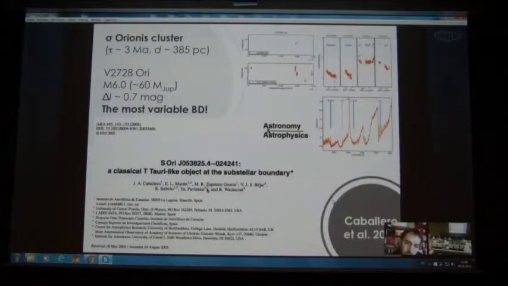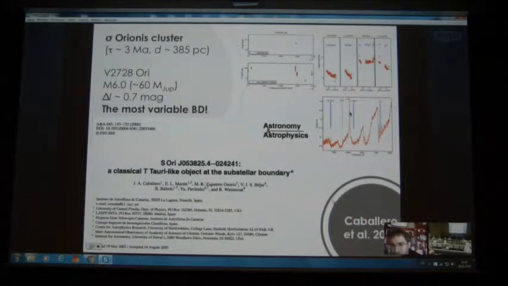The most variable brown dwarf in the survey before was the subject of a more dedicated work using Keck, the Nordic Optical Telescope, and two relatively small optical telescopes for photometric monitoring. We used an 80 centimeter telescope and a 1 meter telescope to investigate the photometric variability of this brown dwarf in Sigma Orionis, of a very long name, that now has received a variable star name.